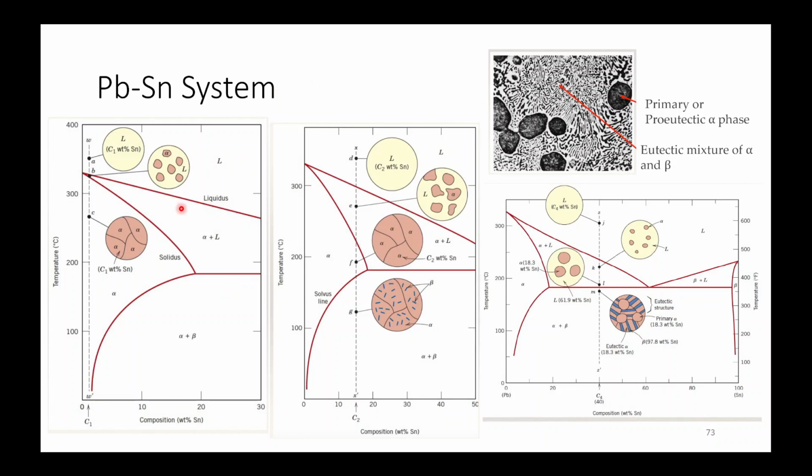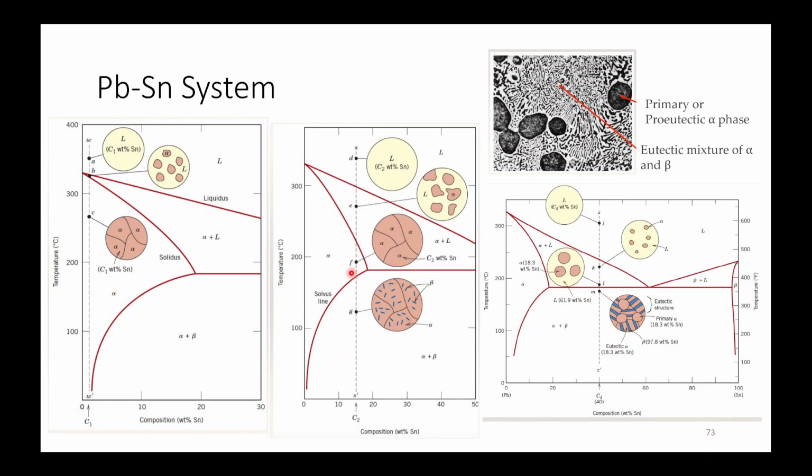So in the first diagram we can see the composition is before the solubility limit. In this case you'll be forming alpha particles, and then only this complete solid solution will be forming.